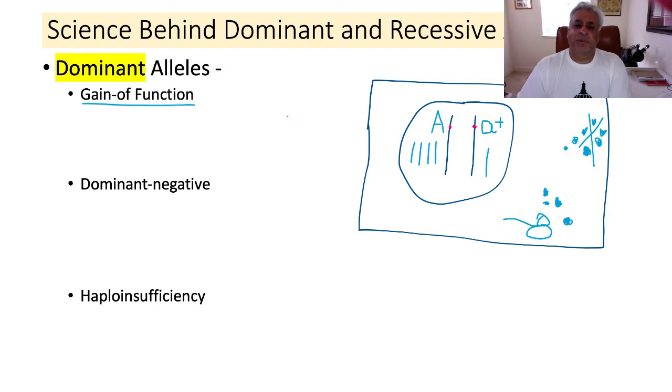So this is the example of too much of something can be a bad thing, right? So that's a gain of function. So the mutant allele can be overexpressed, or it can produce a lot of protein, and then that protein clogs up the cell internally.